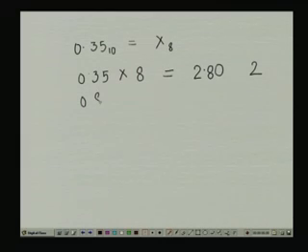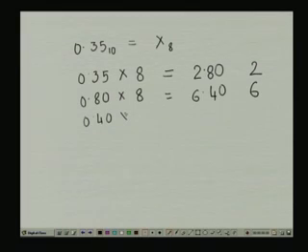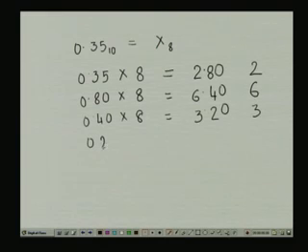Now this decimal part will again be multiplied by 8. So this will be 6.40. Then again 0.40 into 8 becomes 3.20, and it will go on.